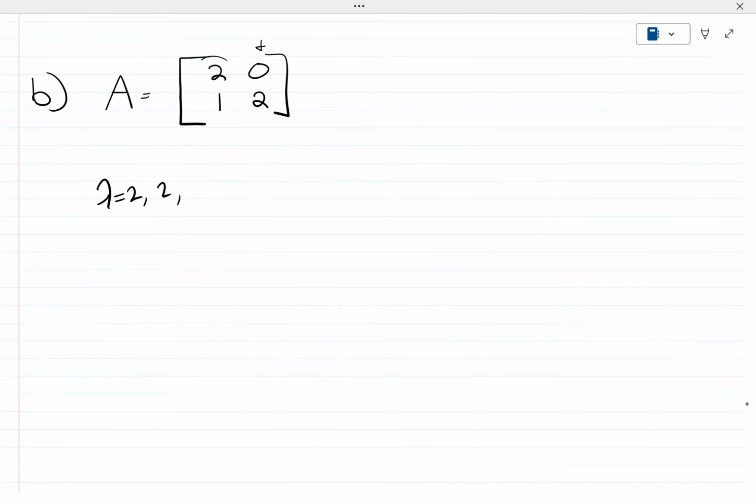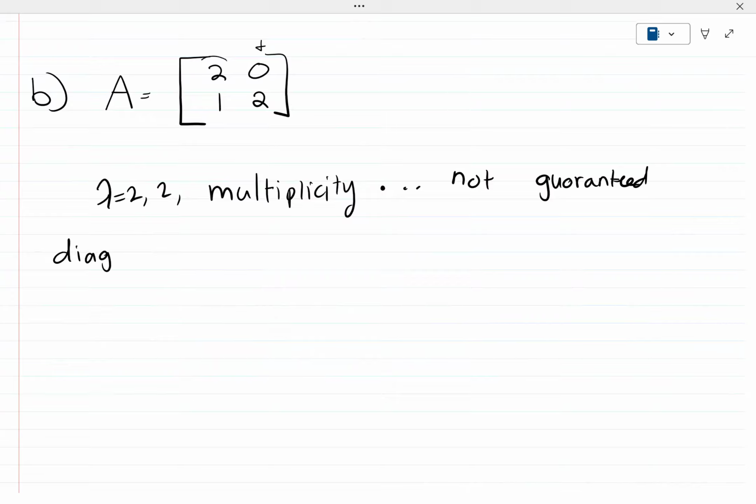When you have a multiplicity, it's not guaranteed diagonalization. Because we have a repeat of 2, a multiplicity, we are not guaranteed diagonalization. So not diagonalizable.